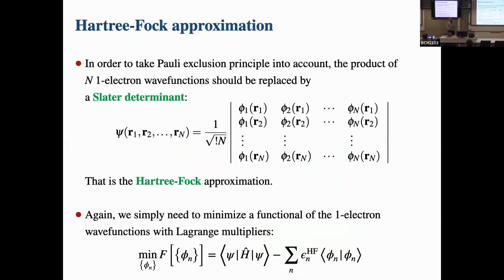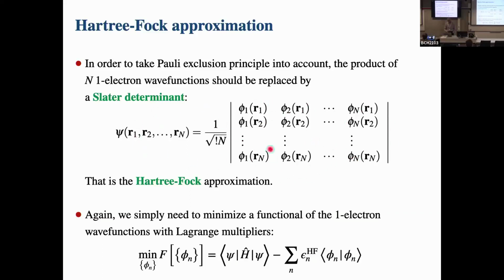Now we know that the approximation that we have made to get to there is quite strong, because we have assumed that the many-body wave function is a product of one-body wave functions, and that doesn't take into account the Pauli principle, that electrons are fermions, and so the wave function should change sign when we exchange two electrons. One way to go beyond that is to replace the product by a Slater determinant.